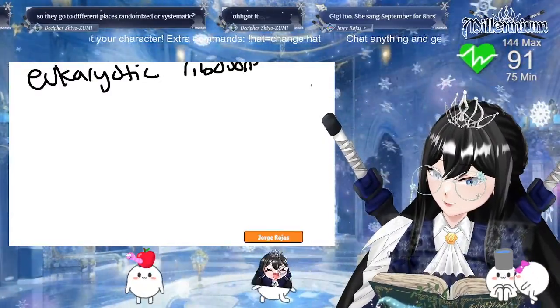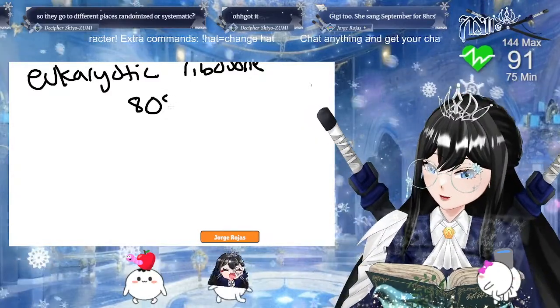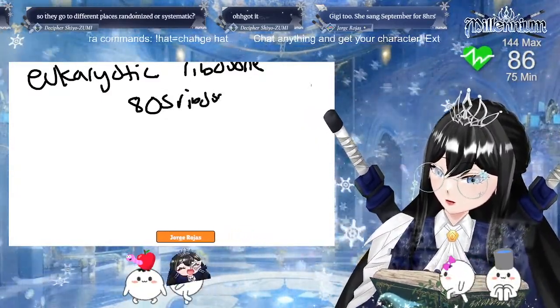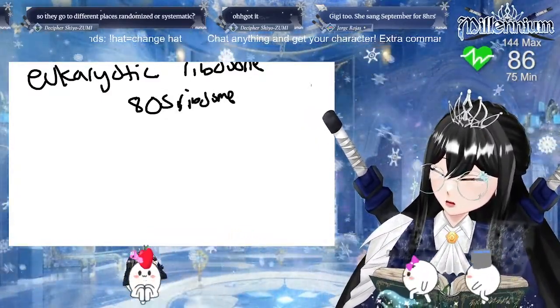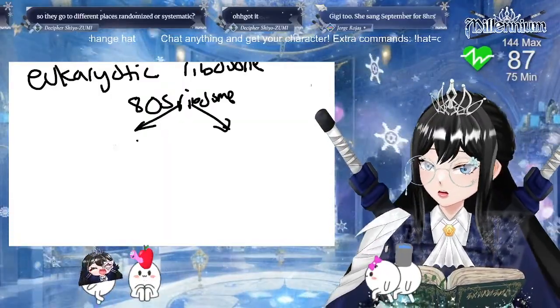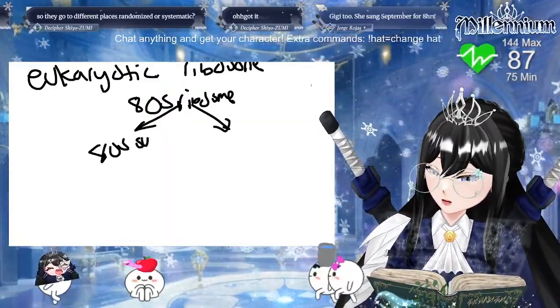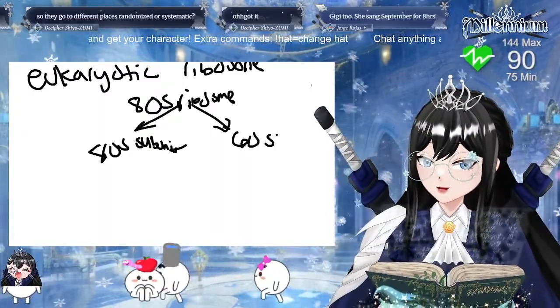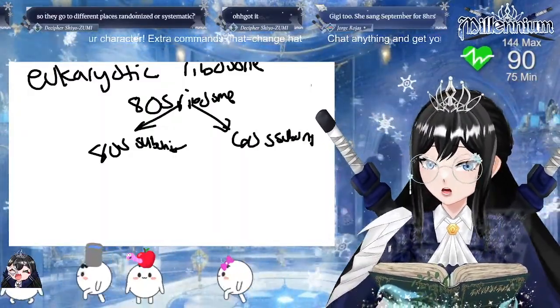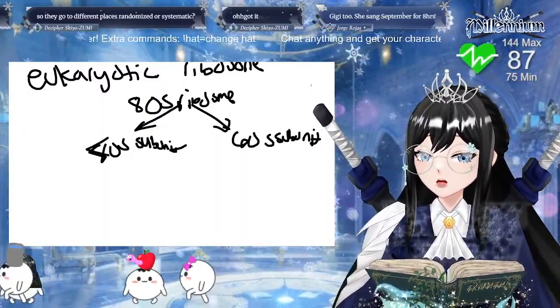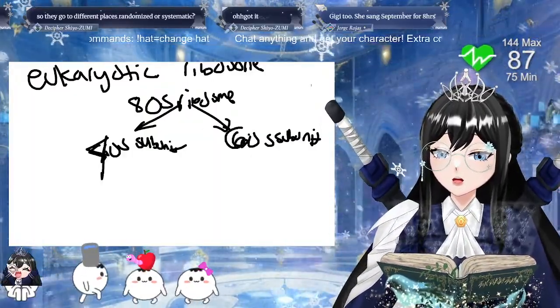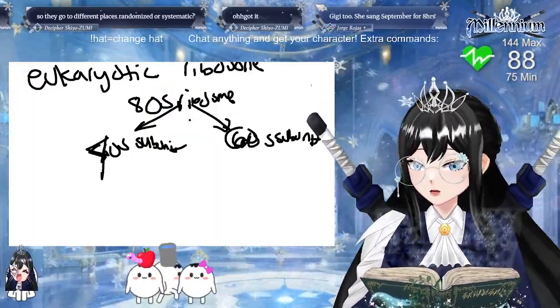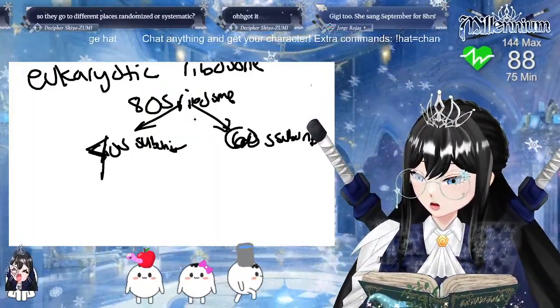That's the 80S ribosome, which is composed of the 40S subunit and the 60S subunit. I know, it doesn't make sense. 40 and 60 becoming 80? Don't ask me why. That's just how it is.